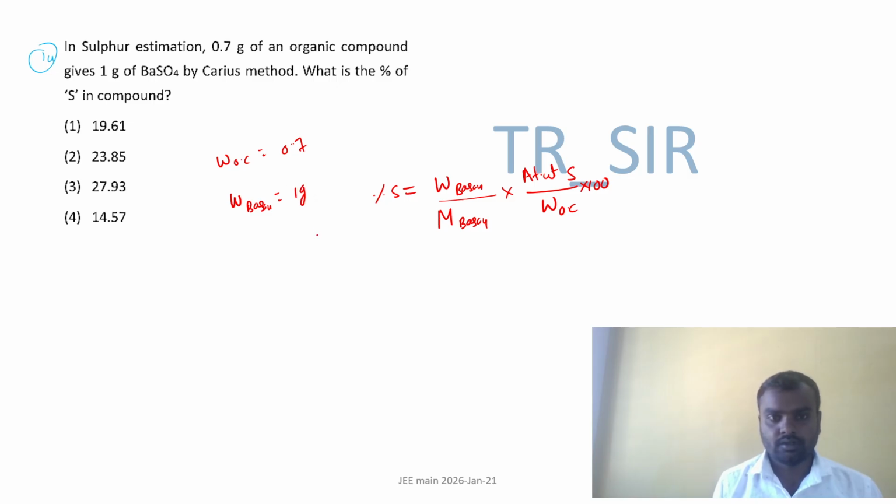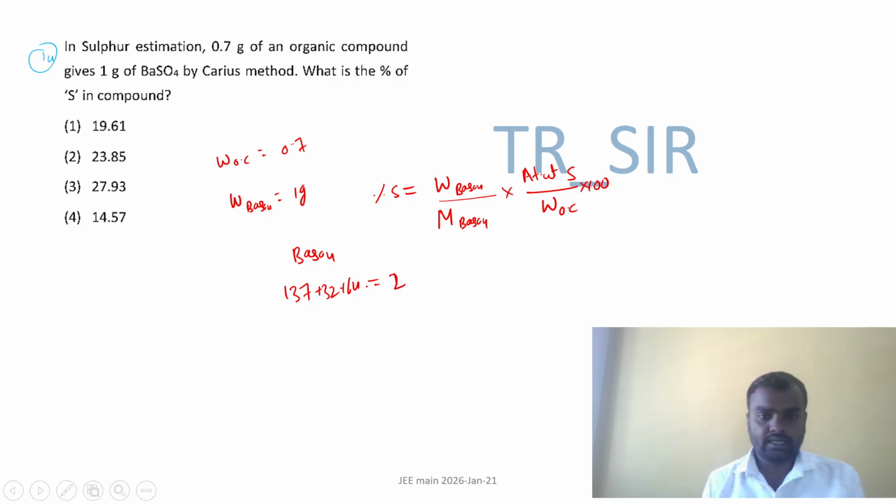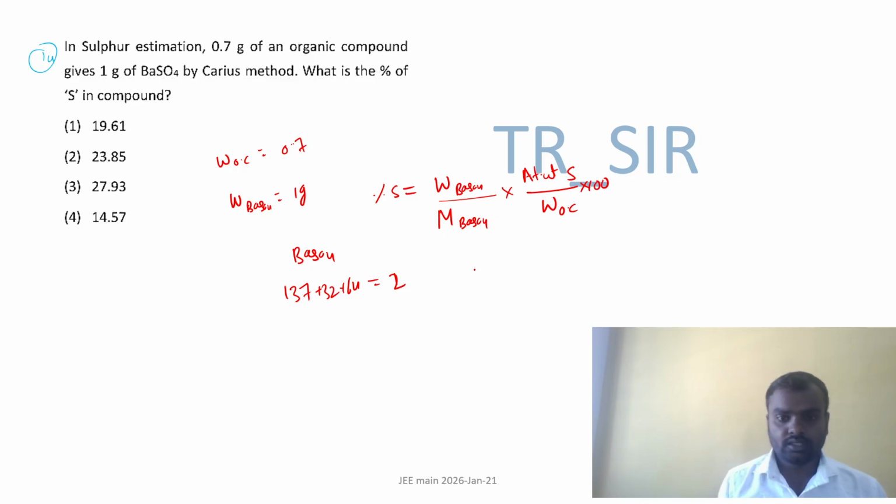Now BaSO4 molecular weight: barium 137, sulfur 32, oxygen 64. Let us check it here. 137 plus 32 plus 64, you are getting 233. That answer is the molecular weight.